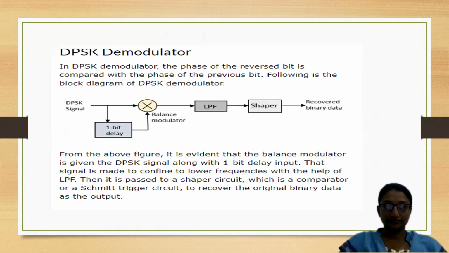Further, a low pass filter is applied so that all the high frequencies get cancelled, and we give it to a shaper. And we recover the original binary data as the output, as shown in the figure.